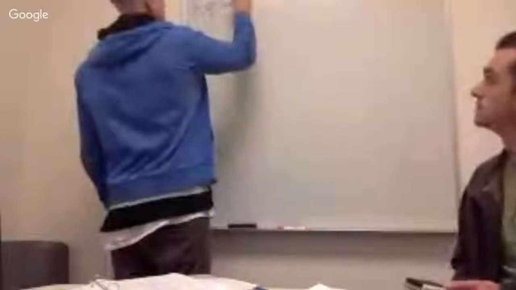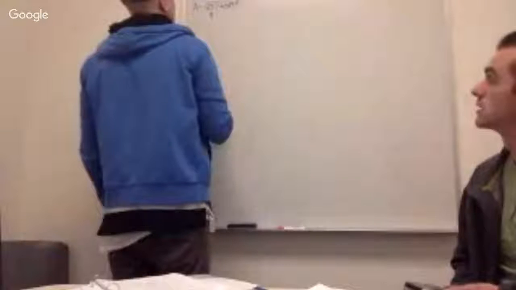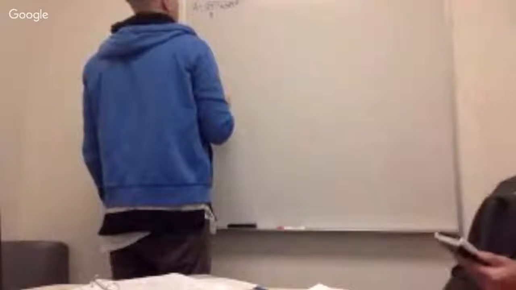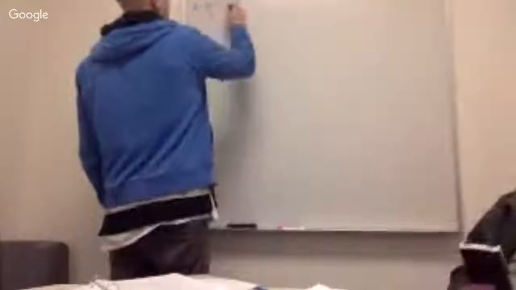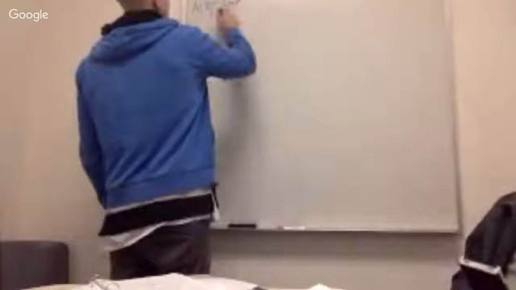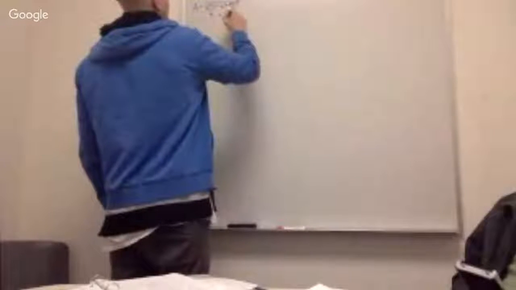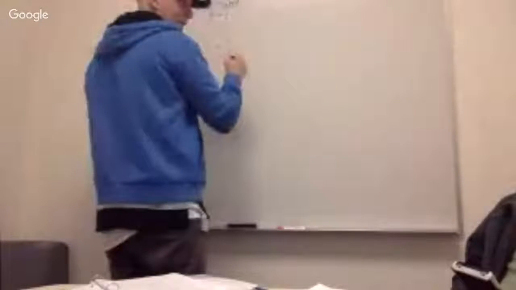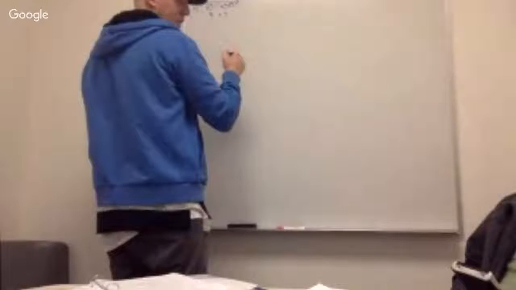Because this guy cancels, right? And then we have, is that 3 times 3? Yeah, which will give us 9, but you're squaring the 3 as well. So it would be 9 times 3, which would be 27.